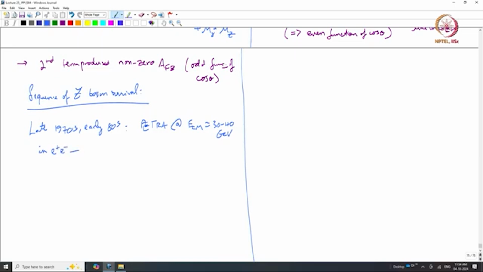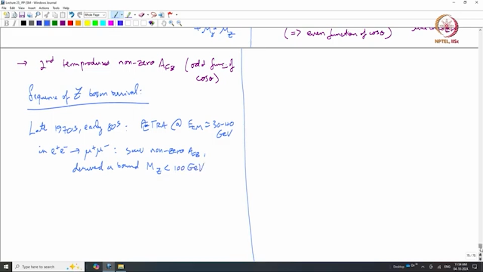And of course e plus e minus going to mu plus mu minus. Okay, and they already saw non-zero forward backward asymmetry. So such a simple measurement, right? Okay, and with that they were already able to derive a bound on what the mass of the Z should be.